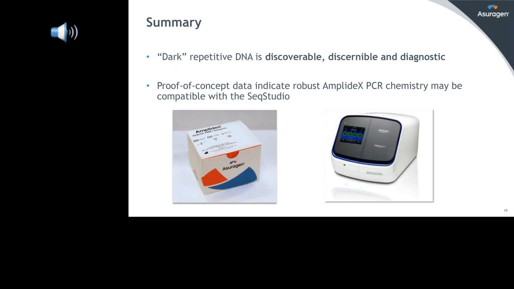Now, if there is interest in sizing some of these really long products, then, as I mentioned, you can potentially put them onto agarose gel electrophoresis. But the most critical step, for all of the assays that I discussed, is to achieve high resolution in the 100 to 1,000 base pair range, and that's exactly what the SeqStudio delivered in our evaluation.